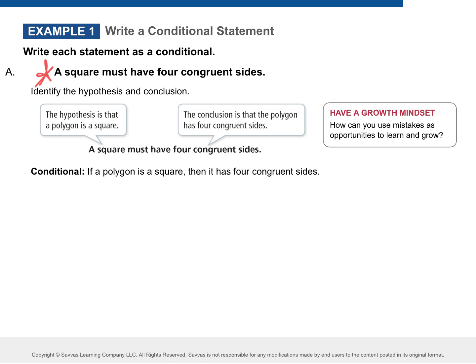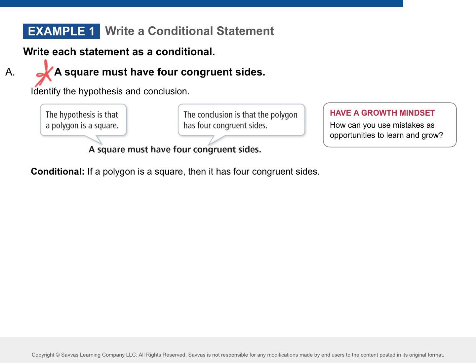You said square twice. So this is what's tricky about if-then statements. We can't add a new word, and we can't take any words out. So what if I say if it has 4 congruent sides, then it is a square? Could I say that?